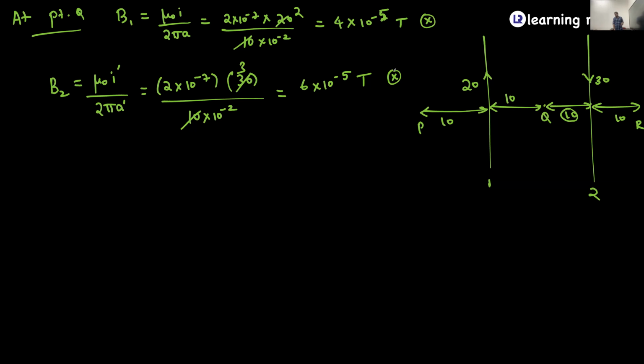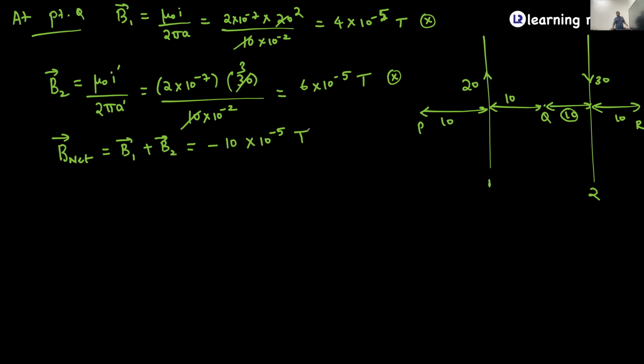So the net magnetic field here is going to be, here put the vector symbol. Why I'm putting the vector symbol is because I mention the direction also. The net value of magnetic field is equal to B1 vector plus B2 vector. How much is that value going to be? It will be minus 10 into 10 power minus 5 Tesla.